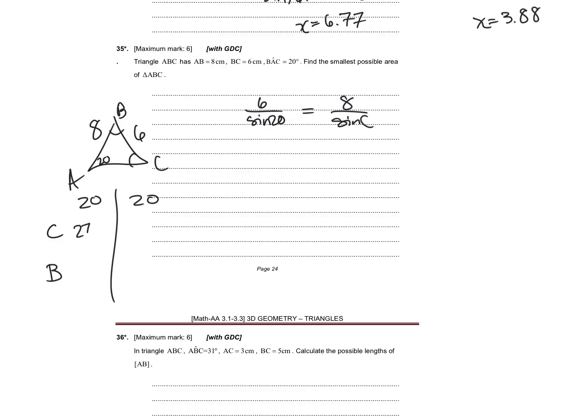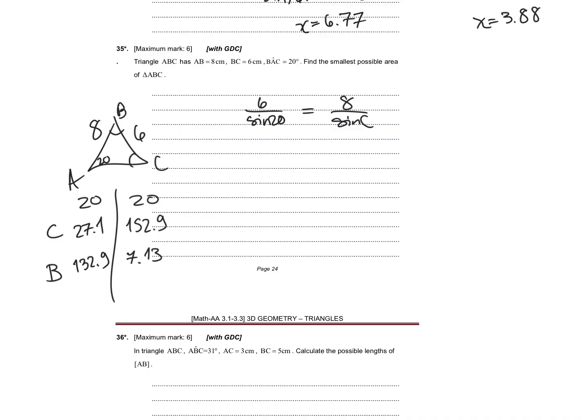So you get C is either 27.1 or 180 minus that is 152.9. And then we have 180 minus 20 minus 27.1, which is 132.9. And we've got 180 minus 20 minus 152.9, which is 7.13. Okay.